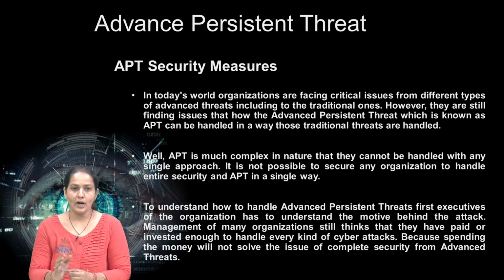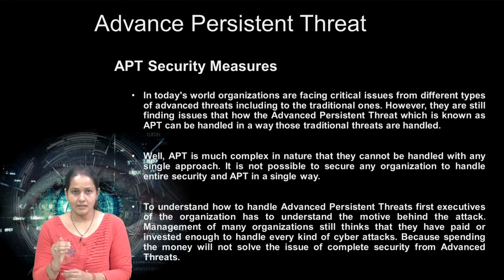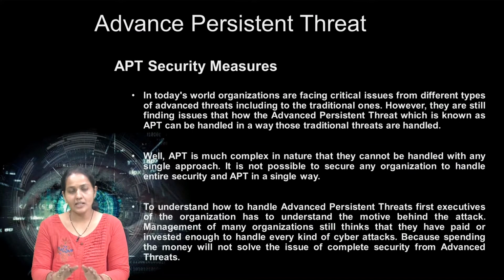So APT, which is known as advanced persistent threat, cannot be handled by a single traditional way. For handling the complex tasks performed by the attacker, APT is not handled by performing one-way security measures. If you implement a single approach security mechanism to protect the system, then that is not enough to prevent the system from an APT attack.